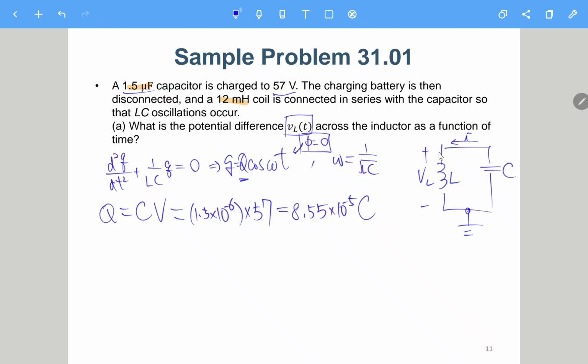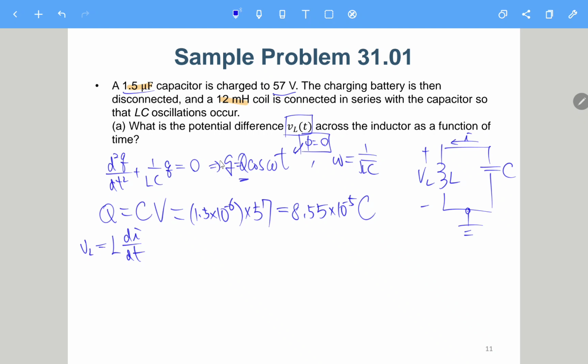For this question, it's just up to you because it does not show a figure to you, so you can try to draw it in a way that is favorable to you. So you can just feel like V_L should be L di/dt. This is the V-I relationship for the inductor. You can always remember this one.